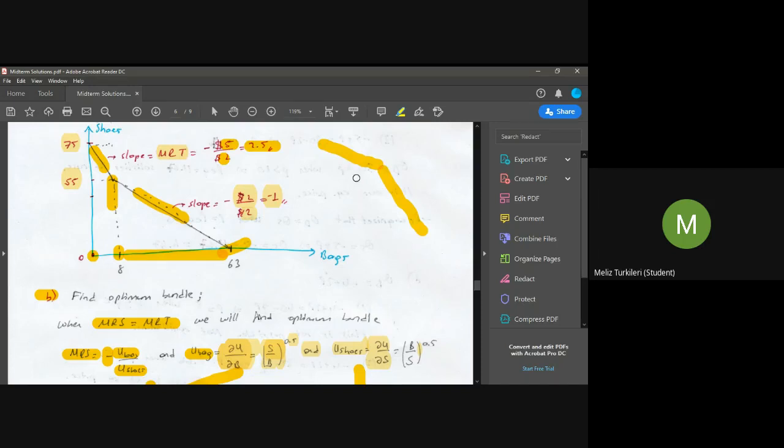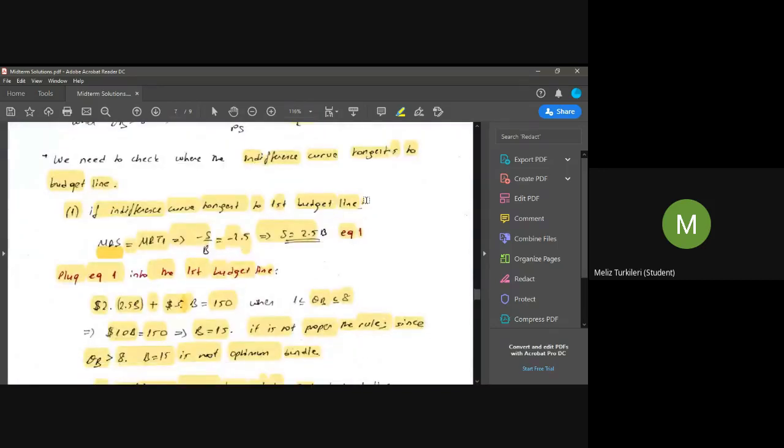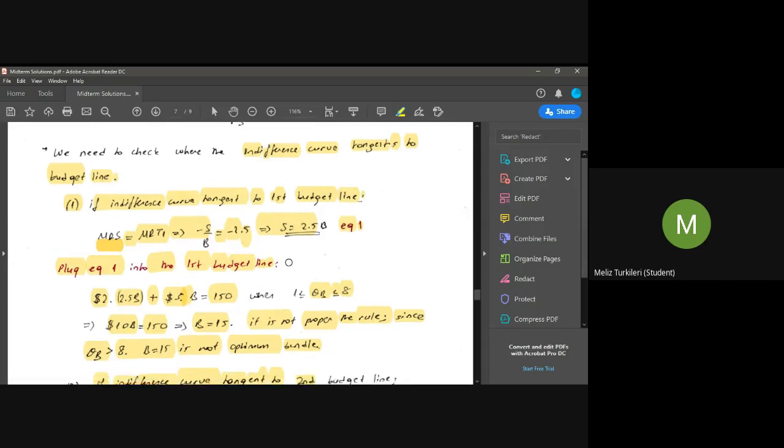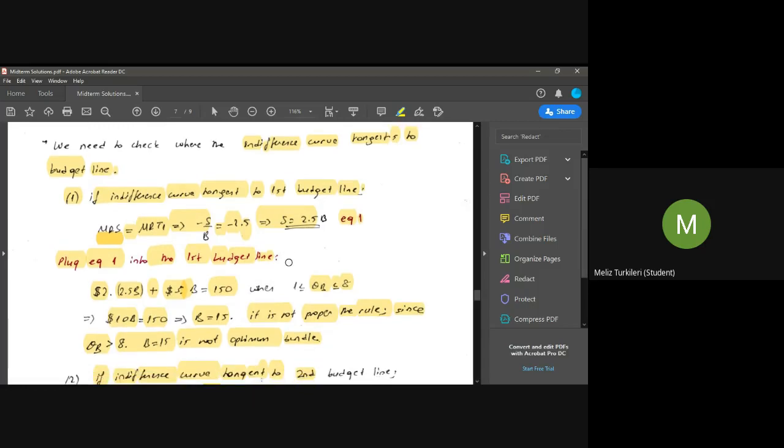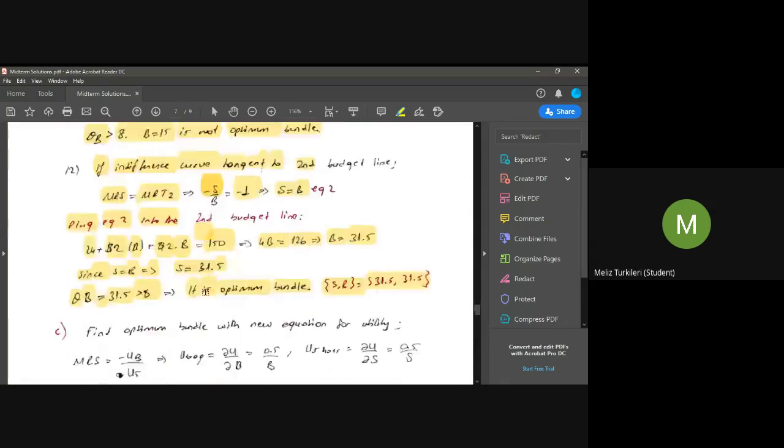So if you try to do this calculation, it can be easier to find the proper optimum bundle. Your argument is absolutely true, but if the slopes change a little bit, it can be really hard to apply it. But you can use this information easily for all the other cases. Okay, let's go on.